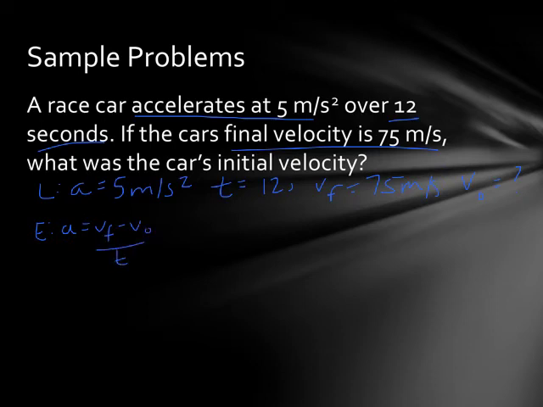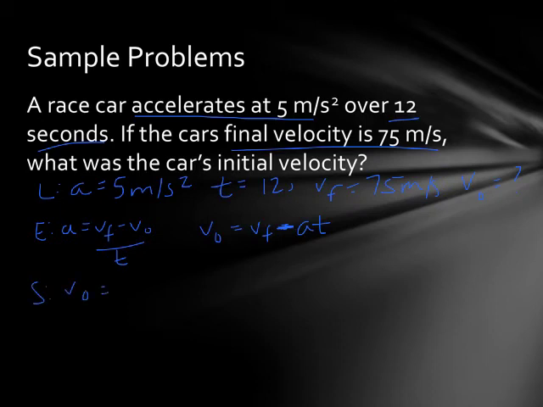Alright, so our equation, we have A equals VF minus V0 over T. Alright, rearranging that for V0, you will have V0 equals VF minus AT. Okay. So let's substitute in our knowns.